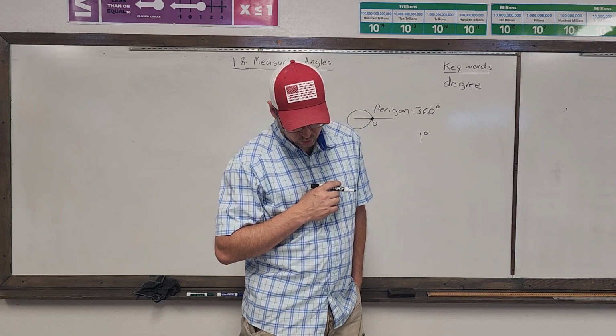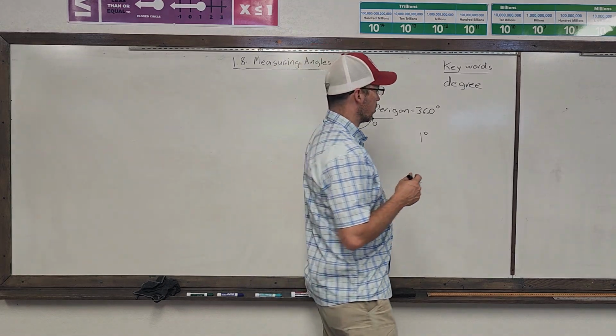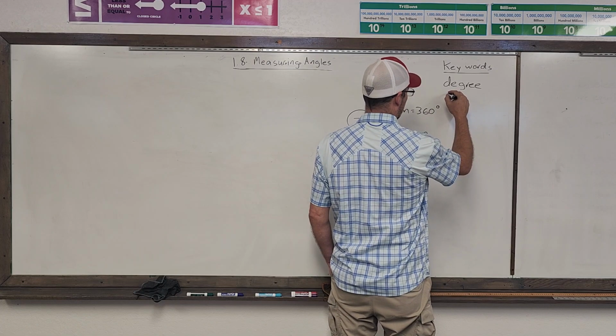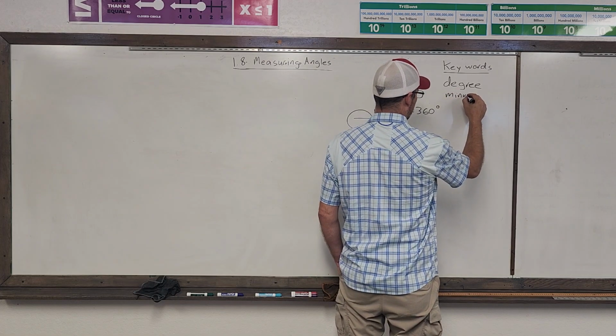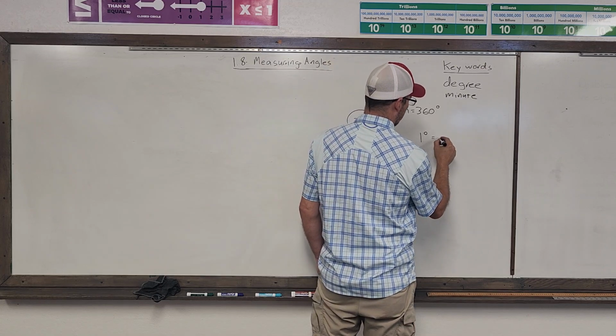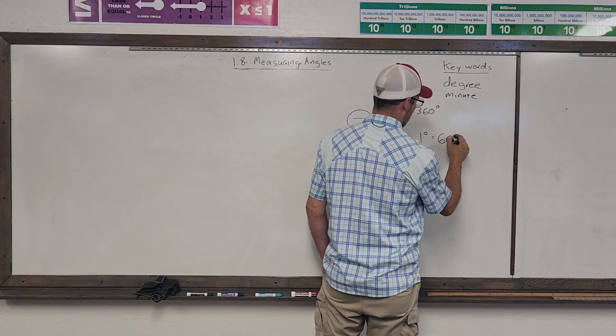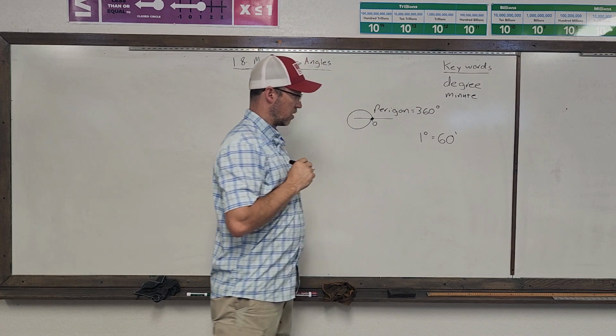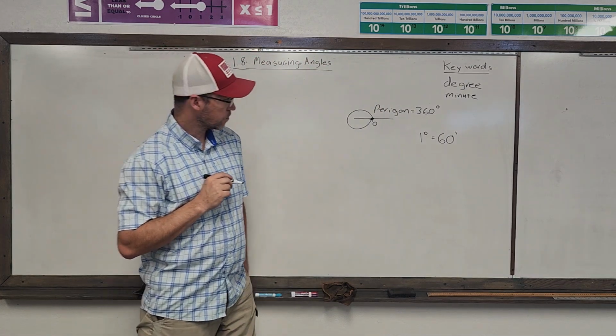We're going to break that degree up into 60 equal parts. So we're going to call that a minute. All right, so 1 degree is equal to 60 minutes. That's the notation that we're going to use for it.